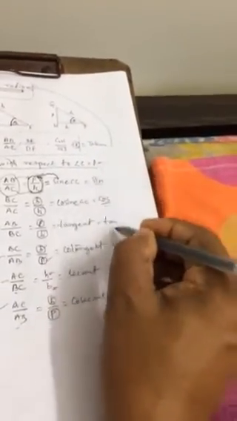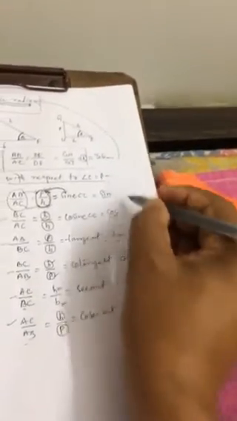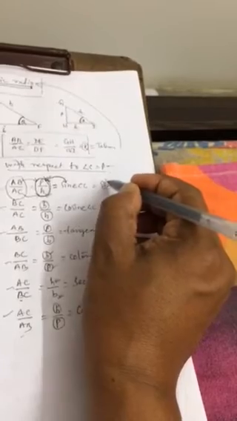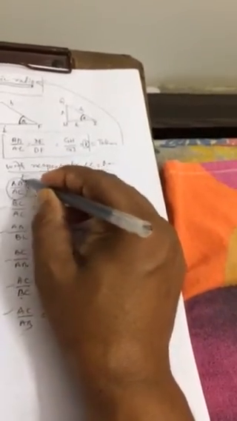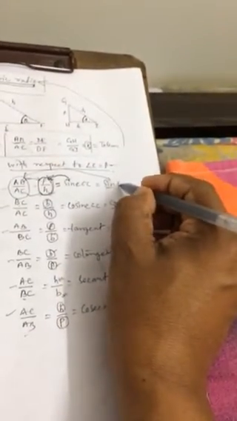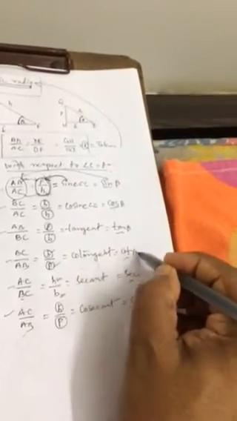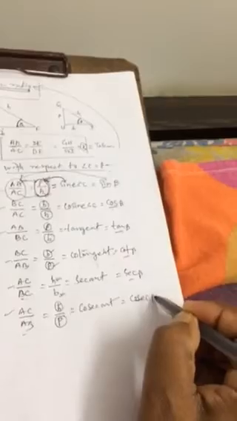These identities cannot be written without an angle. With respect to which angle was this ratio obtained? With respect to angle beta. So you can write beta in all cases, or you can write angle C.